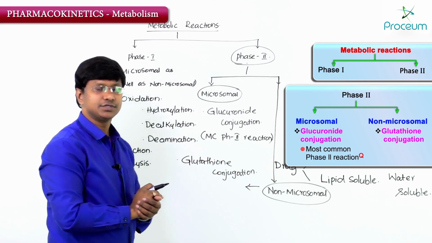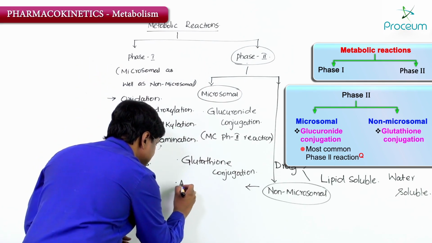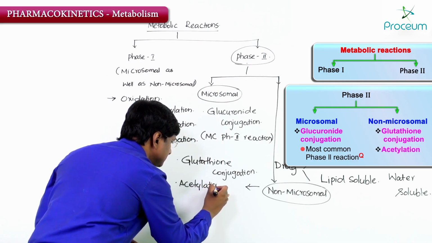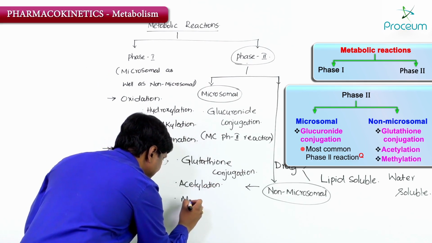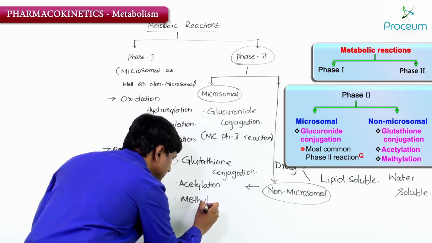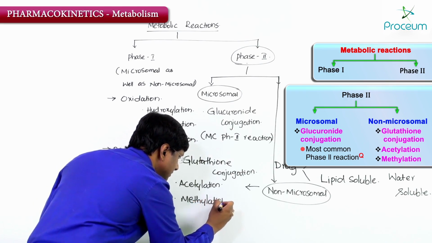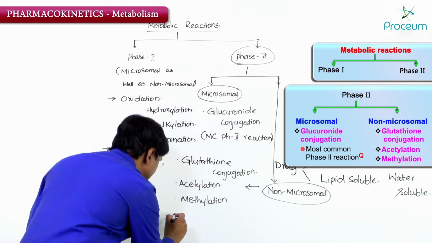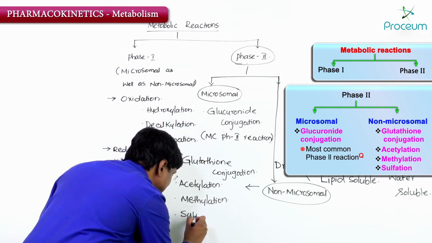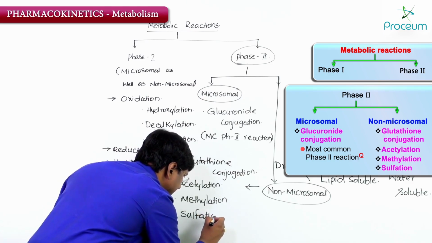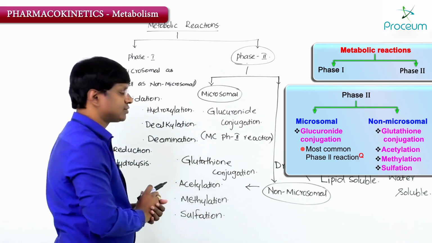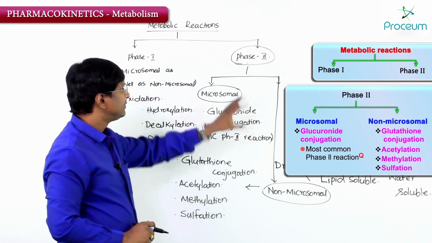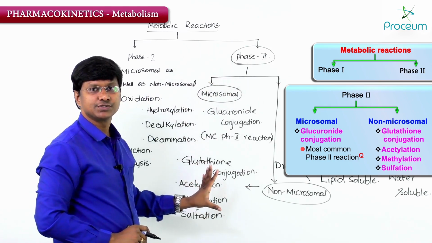Next to glutathione conjugation, they include acetylation, and next is methylation, and lastly you have sulfation. So these are all your non-microsomal phase 2 reactions.